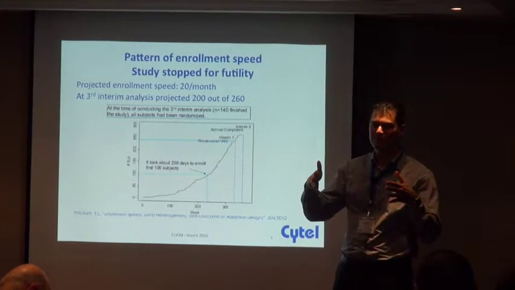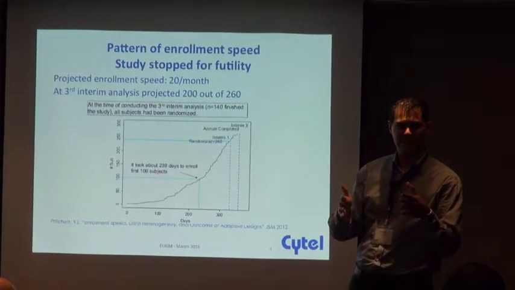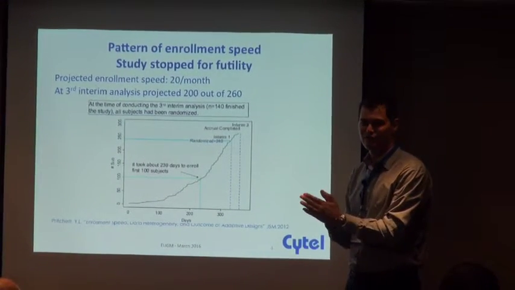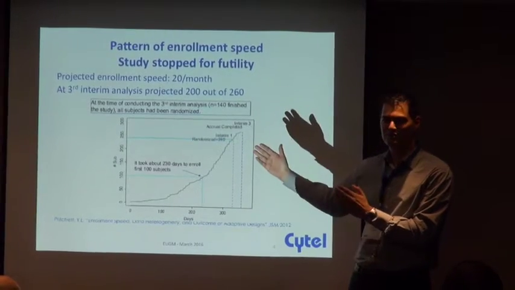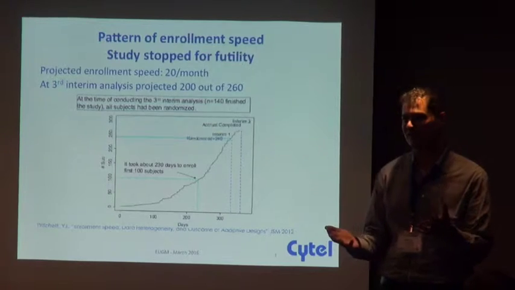If the trial stopped at the 3rd interim analysis, they would have data on 140 patients. They would have enrolled 200, but their target was 260, so they could expect a benefit of saving 60 patients when stopping the trial.